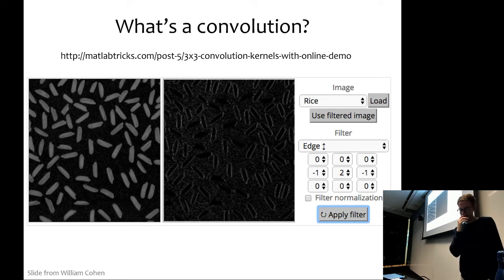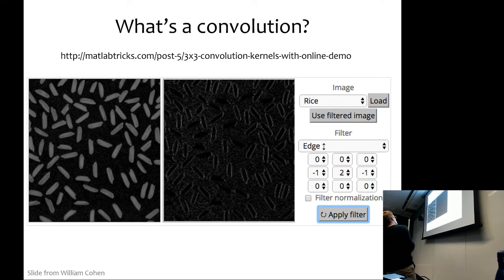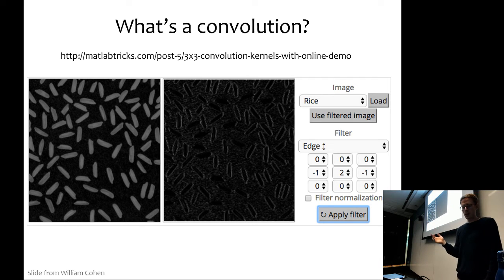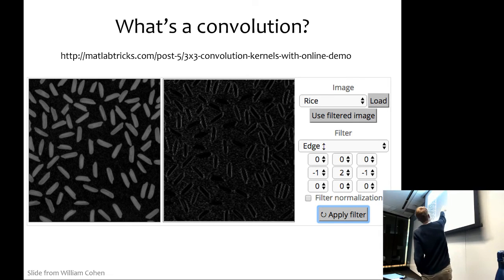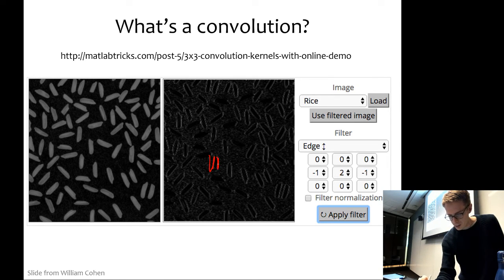And then you can go online and find some cute demos of different convolutions. So this convolution is a vertical edge filter, right? It has 2 in the middle and -1s on each side, and it gives us back an image that's trying to pick out the edges of these little vertical rice grains, right?